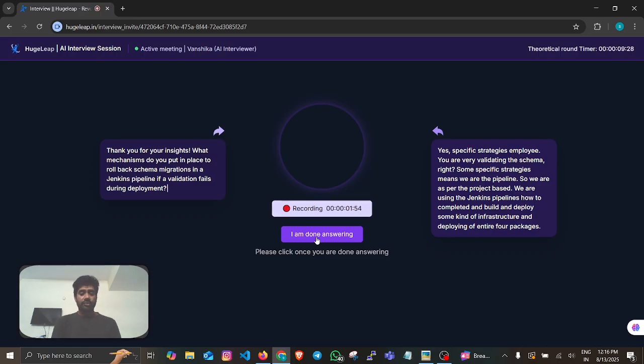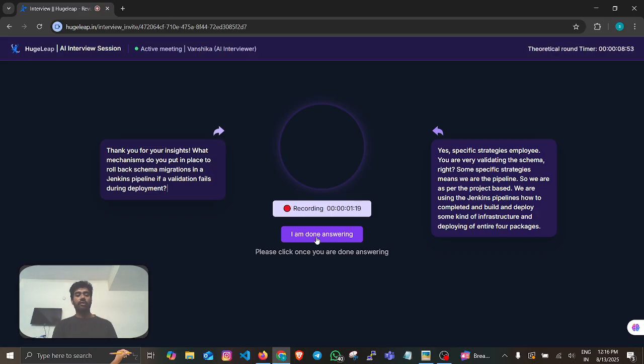What are the mechanisms you are asking about? The rollback for schema migrations in a Jenkins pipeline if a validation fails during deployment, right? We check the backend to find out how and why the particular schema is failing. We look at what is not connected to the Jenkins pipeline, and what parameters are used in the Jenkins pipeline schema.